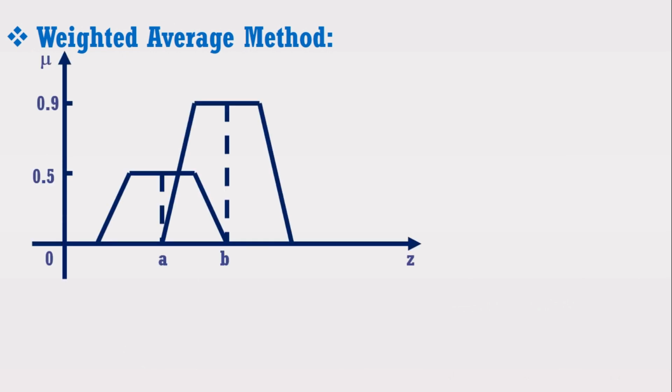Another method for defuzzification is the weighted average method. In the weighted average method, only the core values with their membership degrees are taken into account, divided by the sum of their membership degrees. Just look at the figure. In this figure, we are considering only 2 values, A and B, rather than taking all samples.